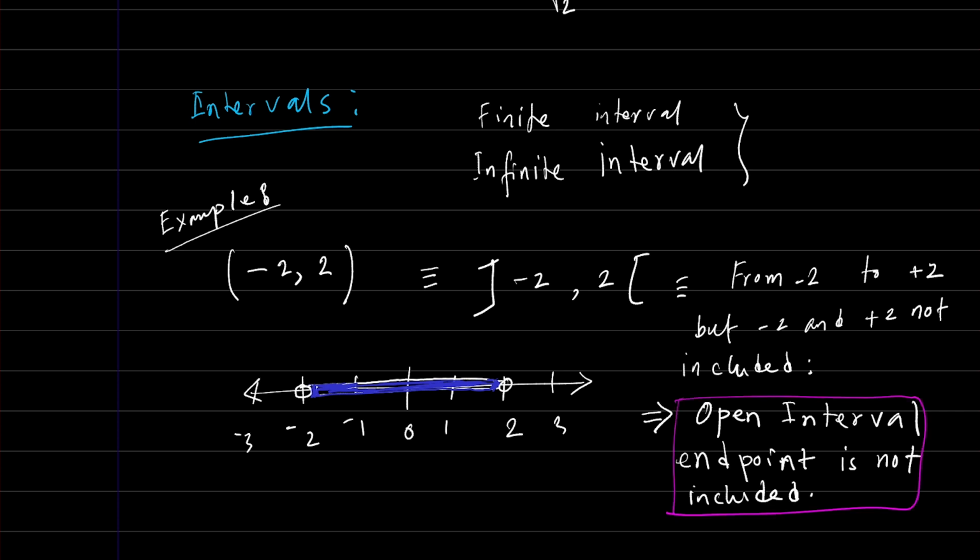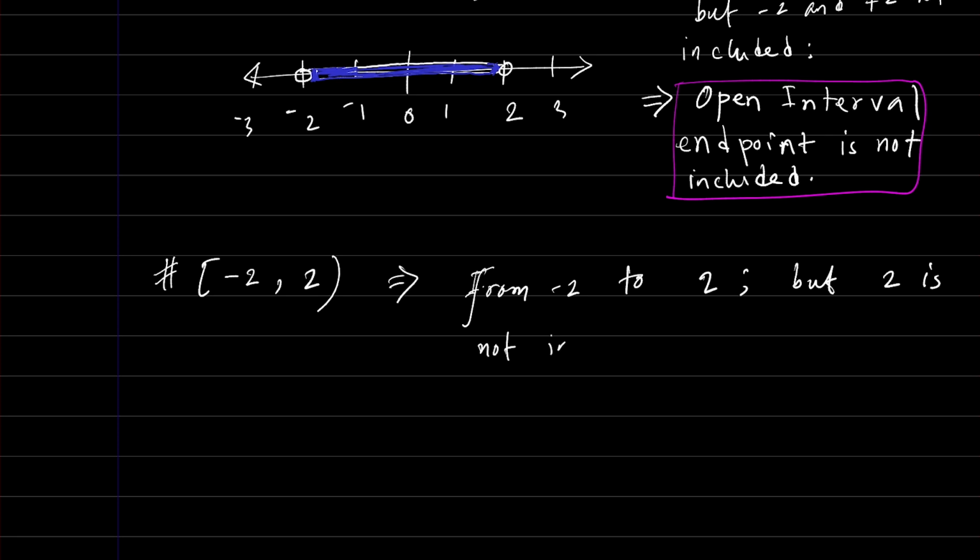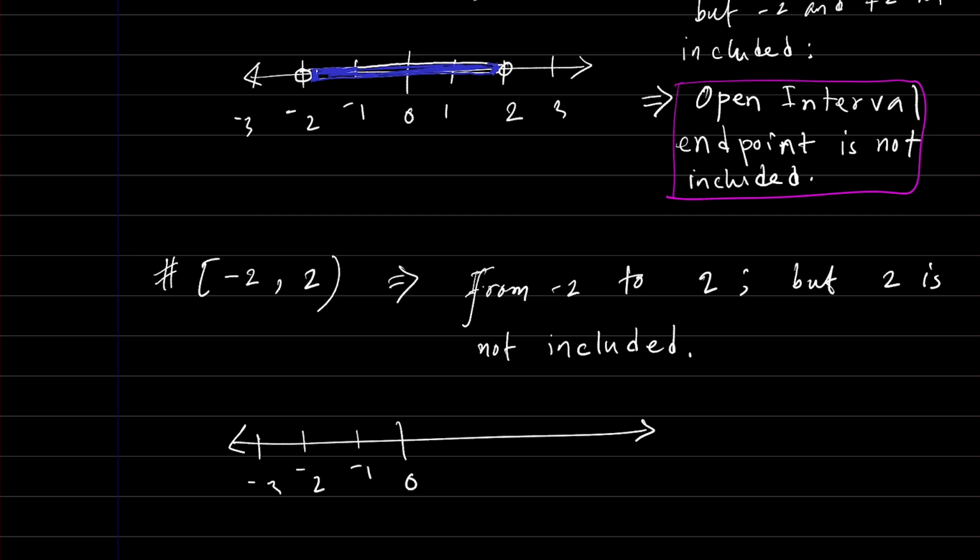Let's see another example. Minus 2 to plus 2, from minus 2 to positive 2, but 2 is not included. So in the number line, this is our 0, minus 1, minus 2, minus 3, 1, 2, 3.